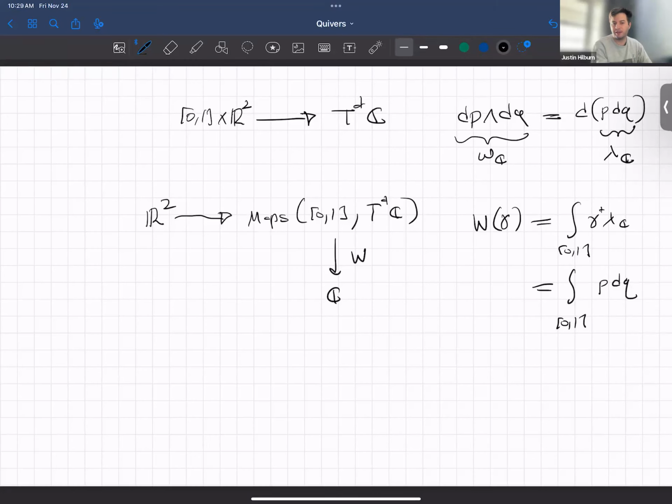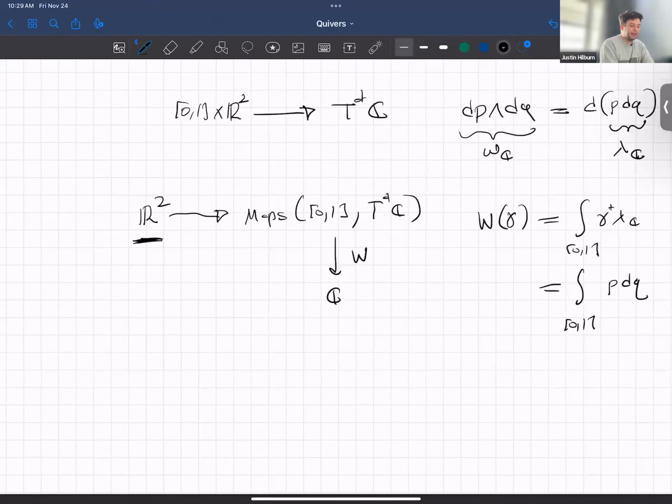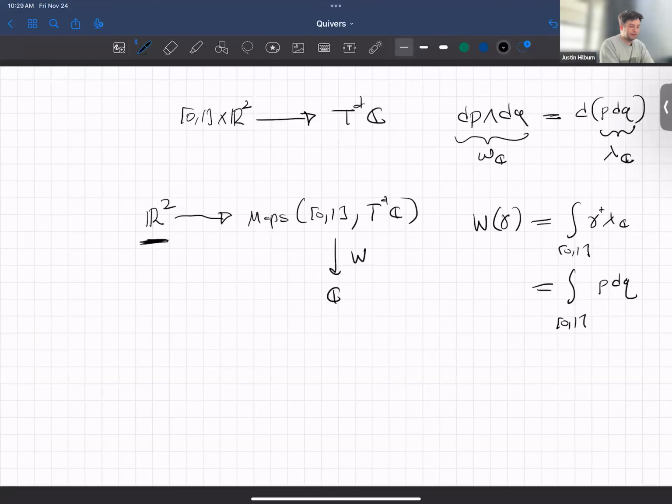The 2D equations will handle all the derivatives that just involve this R2, and then I need something that handles the cross derivatives in this 0, 1 direction and this R2 direction. The way you put those in is by putting a superpotential into this 2D theory.